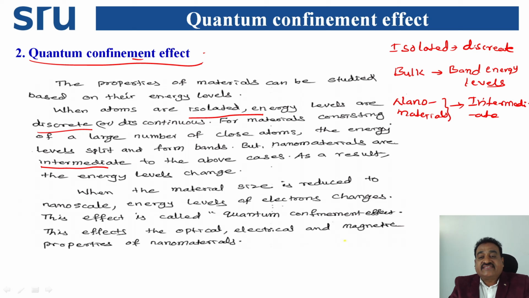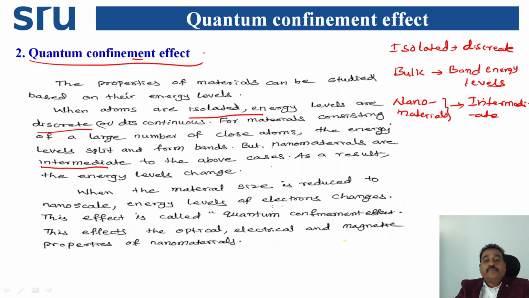When the material size is reduced to nanoscale, energy levels of electrons change. This energy levels changing effect is called quantum confinement effect.